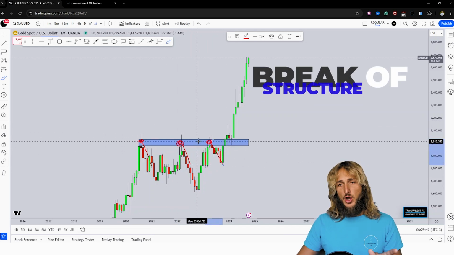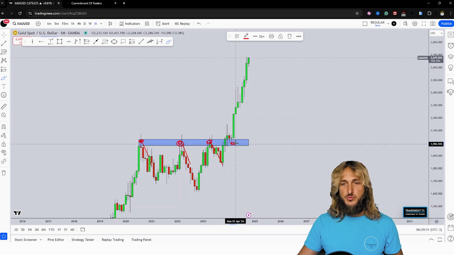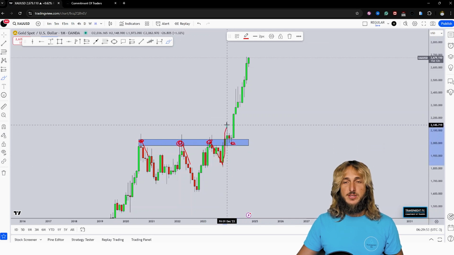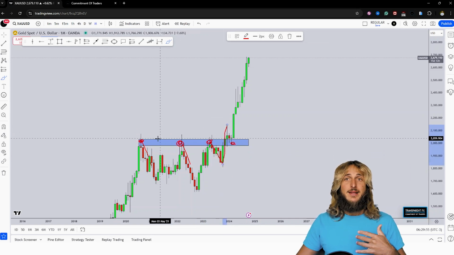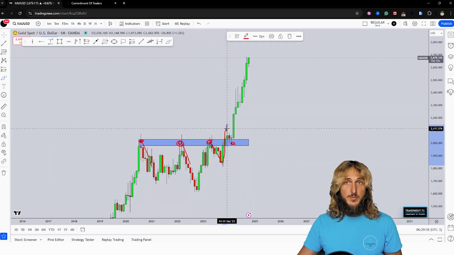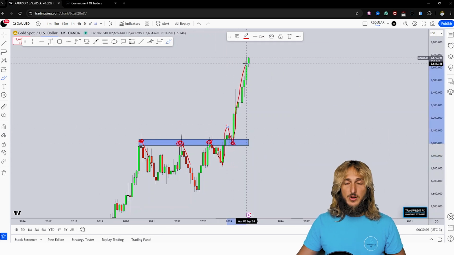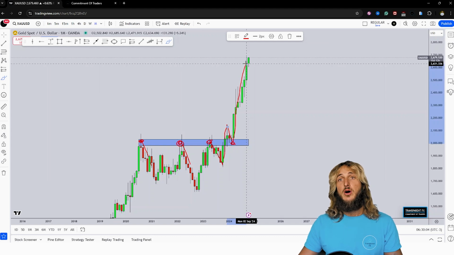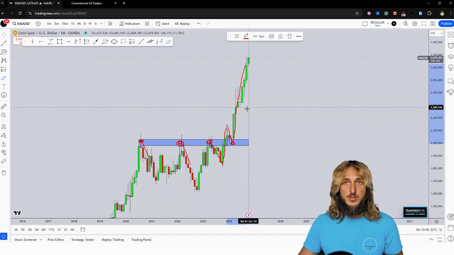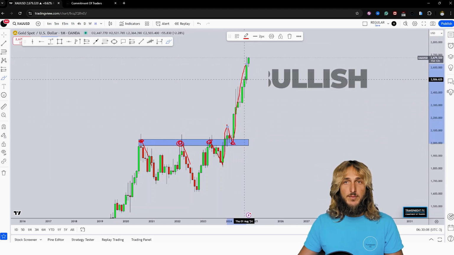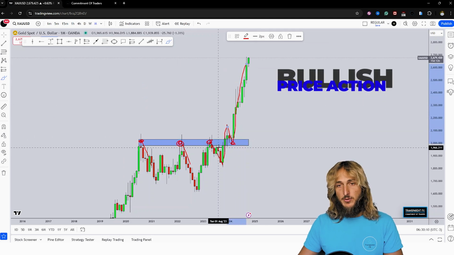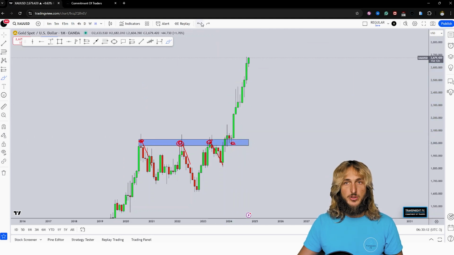At that point, all that previous resistance was turned support here. So after the market successfully broke above the zone, all this previous resistance became support. The market retested the previous resistance turned support, and currently it is still in the phase of rejecting that level to the upside. So we are currently still in the impulse phase following the breakout of this historical structure area.